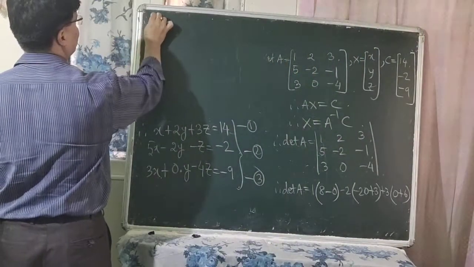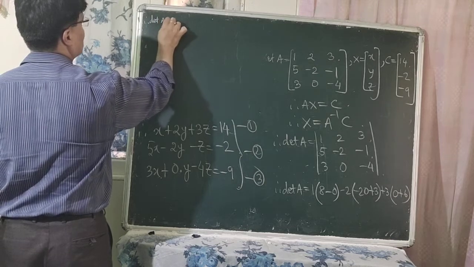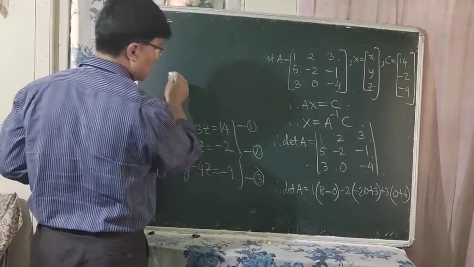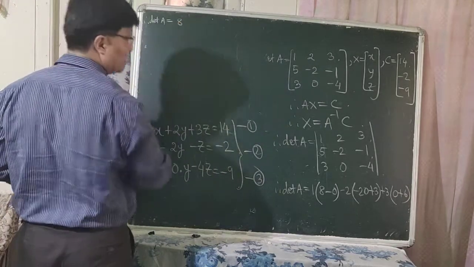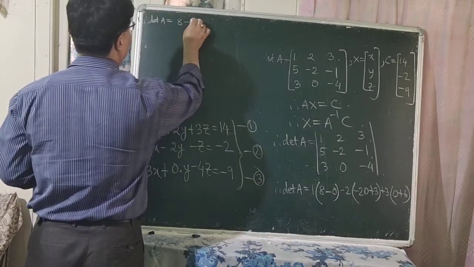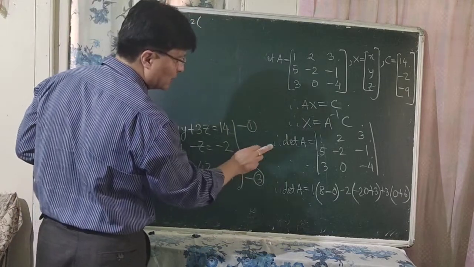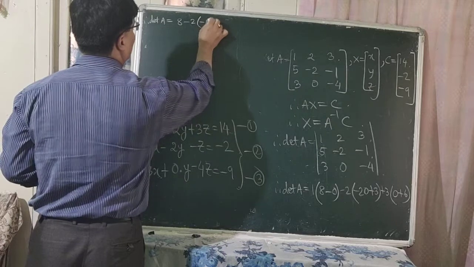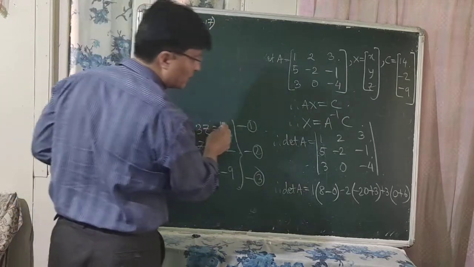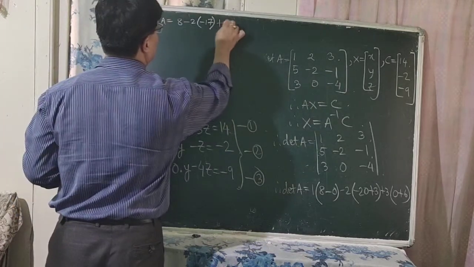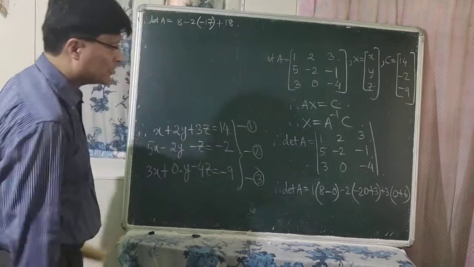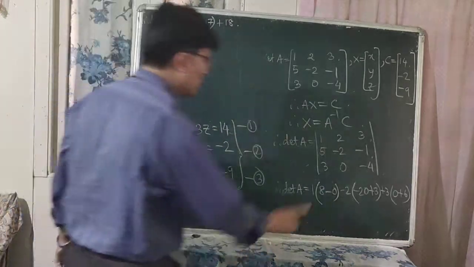Therefore, det A is equal to 1 into 8, that is 8, minus 2 within bracket minus 20 plus 3, that is minus 17, then plus 3 into 6. 3 sixes are 18, plus into plus is plus.